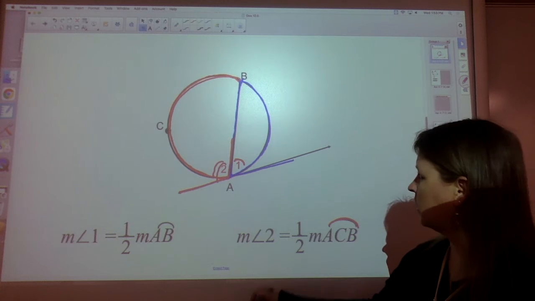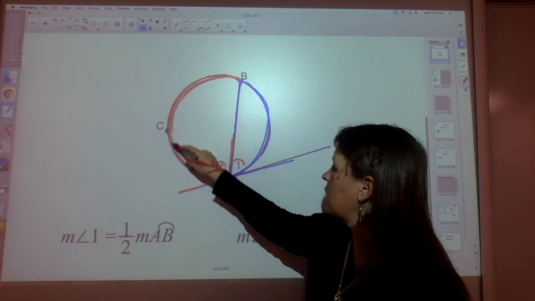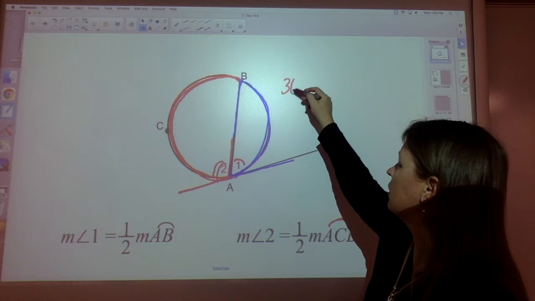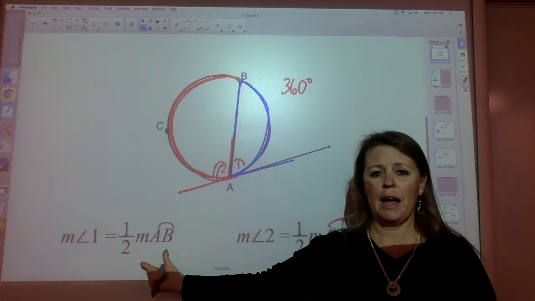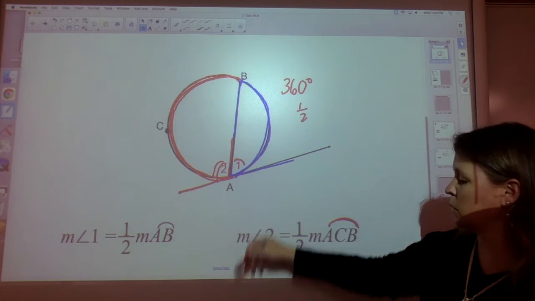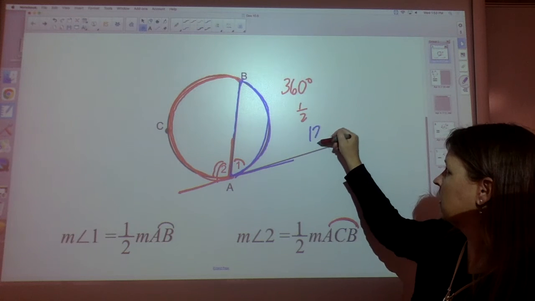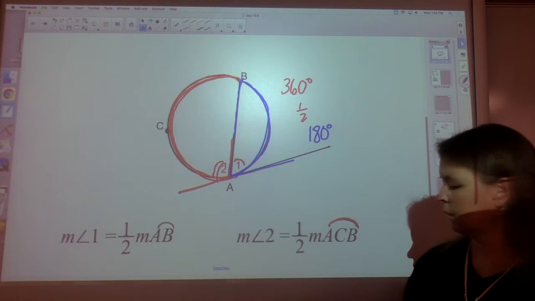If I took arc AB, no matter how big it was, and added it to arc CBA, that'd be 360 degrees altogether. But this is going to be half of that arc, and this is going to be half of that arc. What happens when you cut 360 in half? You only get 180 degrees for these two angles.